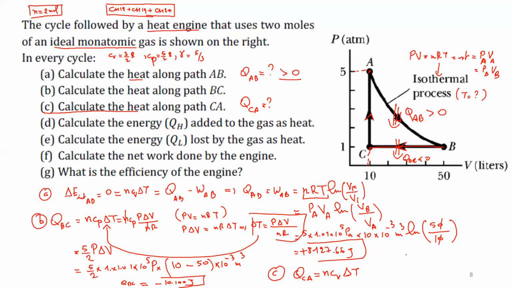Well, now it's a constant volume process. I know that PV is equal to nRT. If I take delta of everything, now the volume is constant, so it can get out. So I will have V delta P is just equal to nR delta T. That means that my delta T, for constant volume process, is V multiplied by change in pressure divided by nR. So this I will plug here.